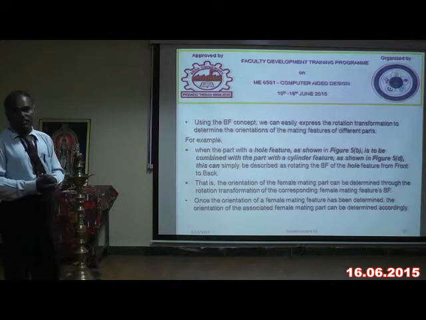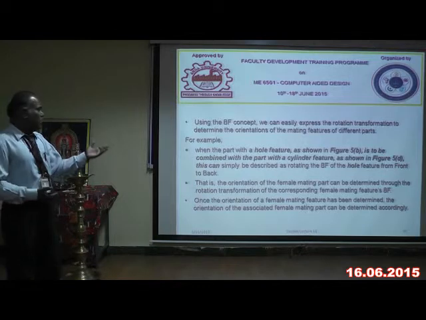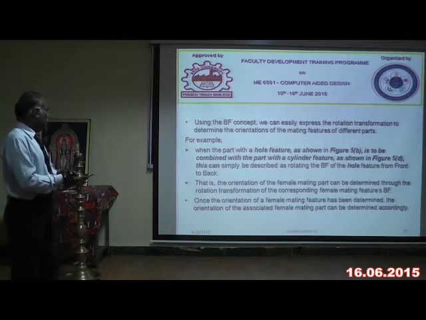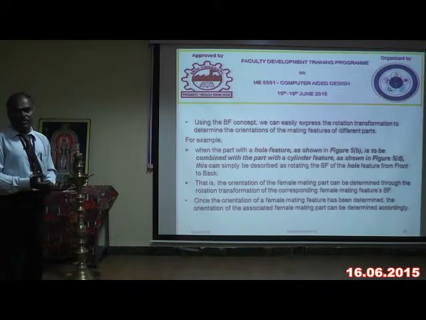rotational transformation is used to move the parts from one place to another, and by using the transformation we determine the orientation of the mating features of the different parts.